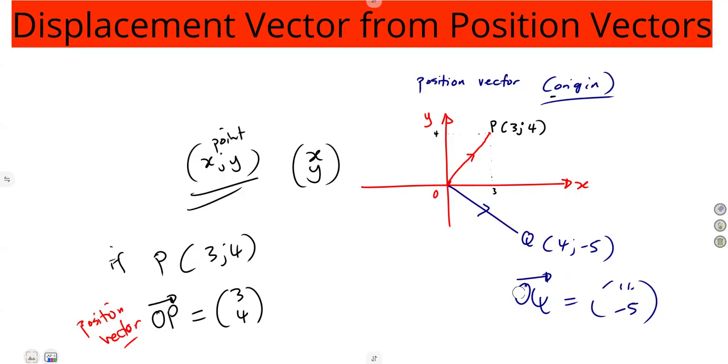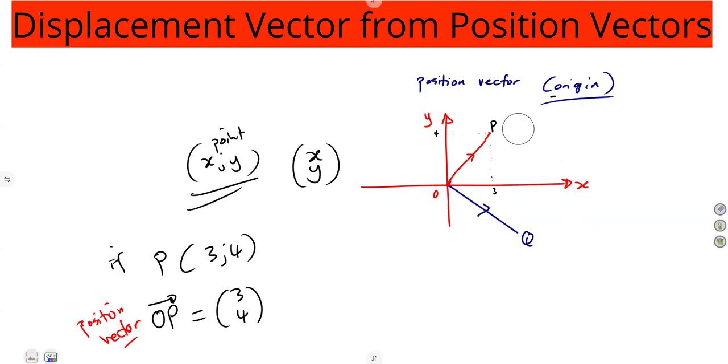So in this presentation, we are to determine or find the displacement vector this time from these position vectors. In this case, you have O to P, and this is O to Q like that.